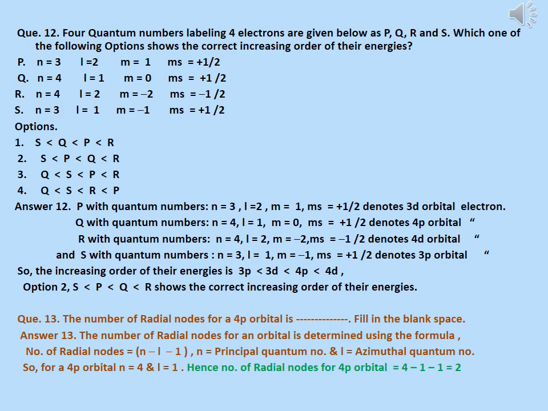So, for a 4p orbital, principal quantum number n is 4 and azimuthal quantum number L is 1. So, the number of radial nodes for 4p orbital will be 4 minus 1 minus 1. So 4 minus 2, which is 2. Therefore, the number of radial nodes for a 4p orbital is 2.